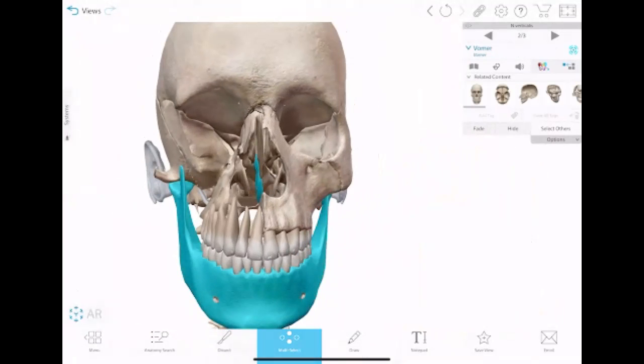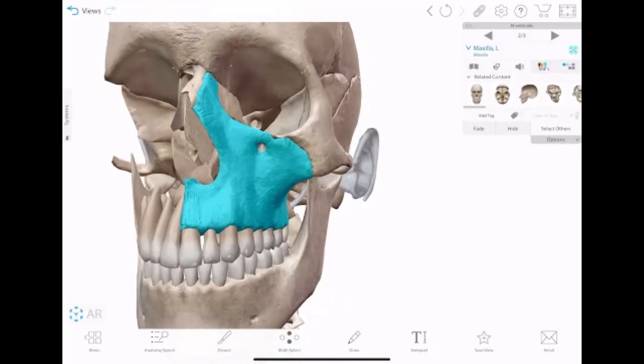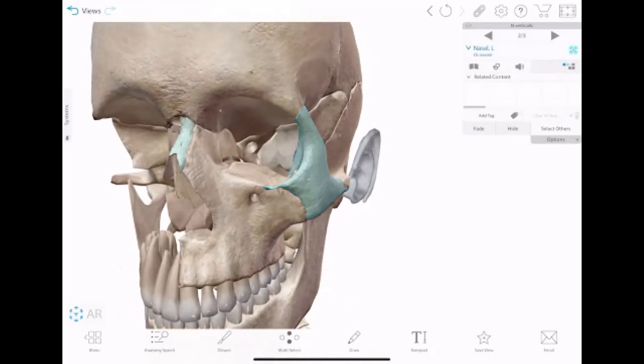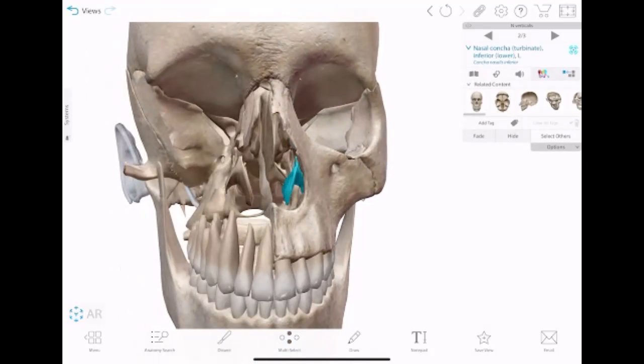So these two are unpaired bones within the splanchnocranium. And this one is the maxilla, the zygomatic bone, nasal bone, lacrimal bone, and here is the inferior nasal concha.